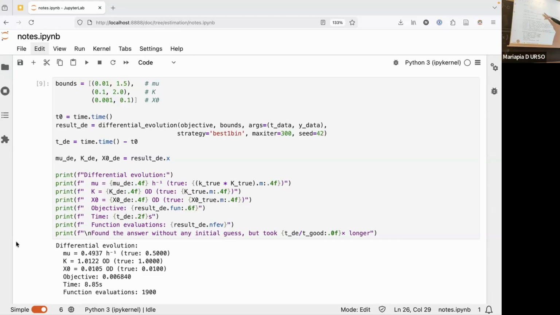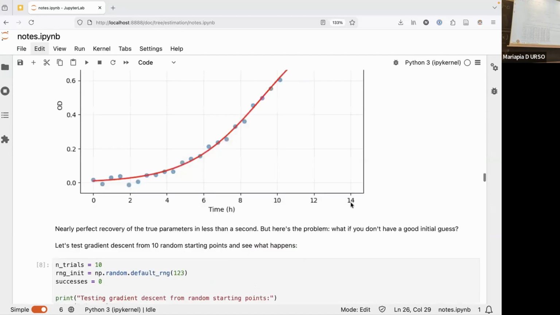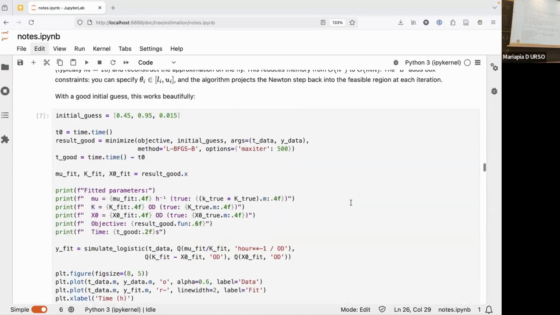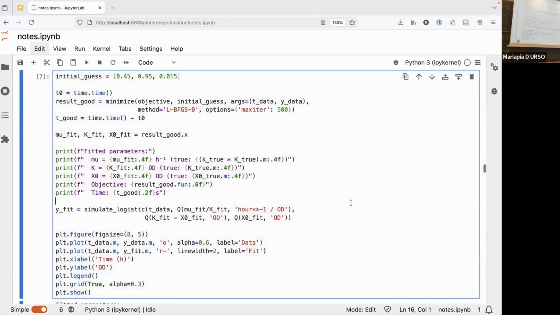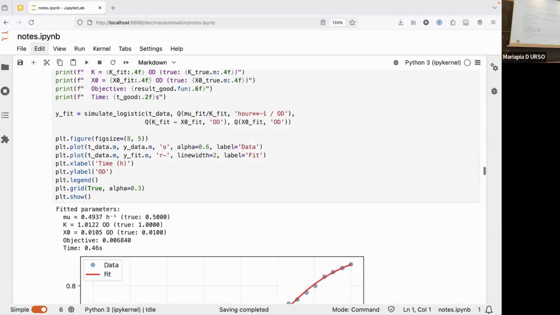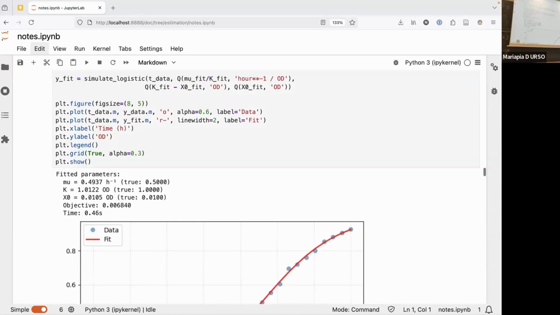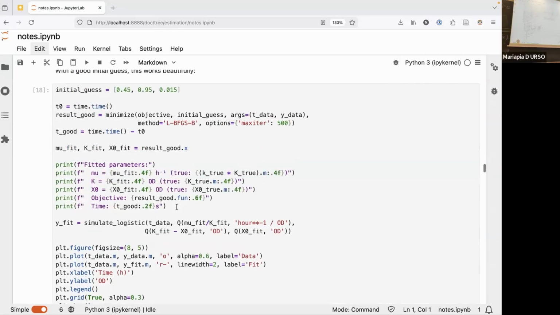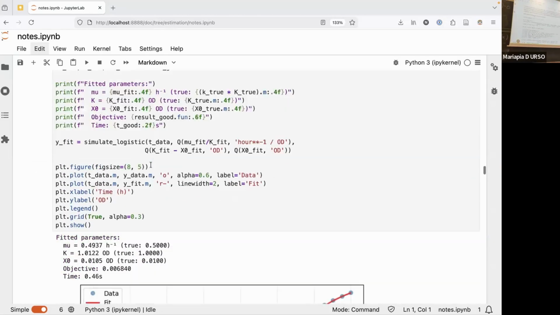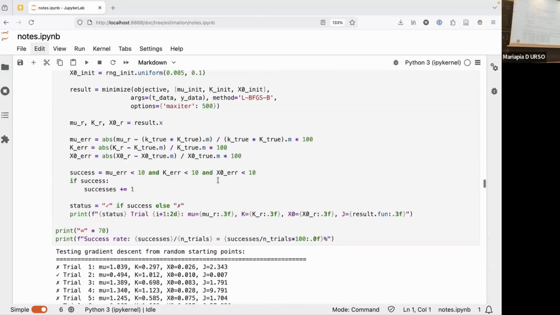And if we run that, maybe actually I would like to run both live. So let's go back to gradient descent, just to show you the time complexity of these things. So this was quick. It took 0.46 seconds, and starting from a good initial guess, found its way.